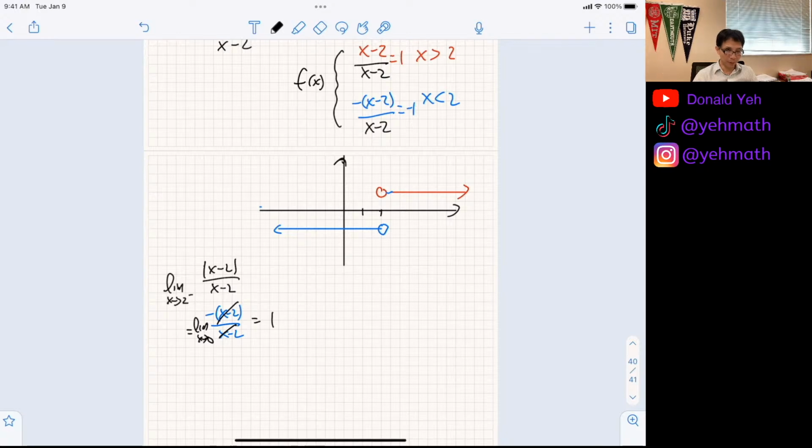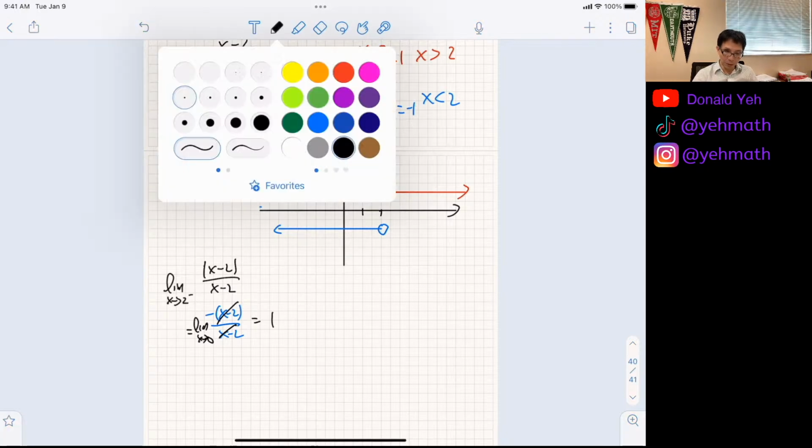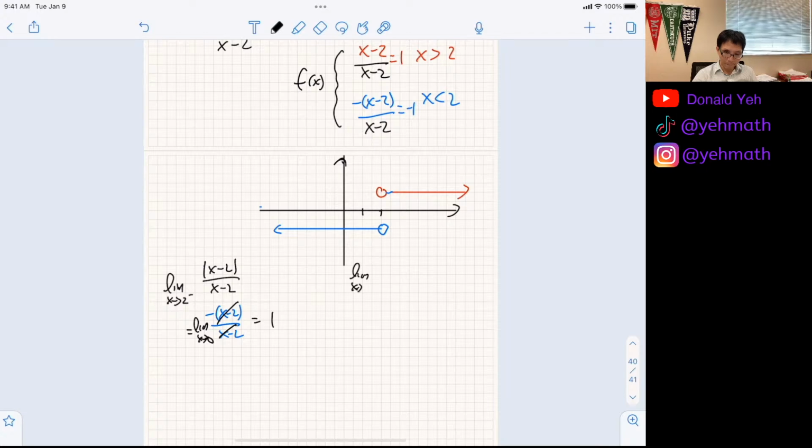If I do 2 from the right, on the positive side, then you're going to do x minus 2 over x minus 2. That's going to be the red part, and this will cancel to be 1.